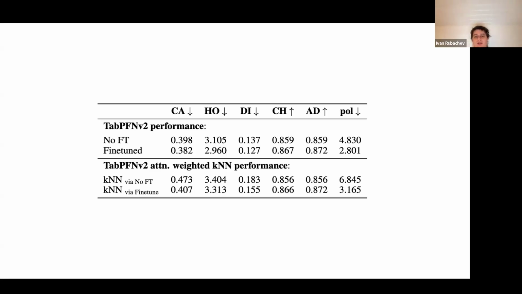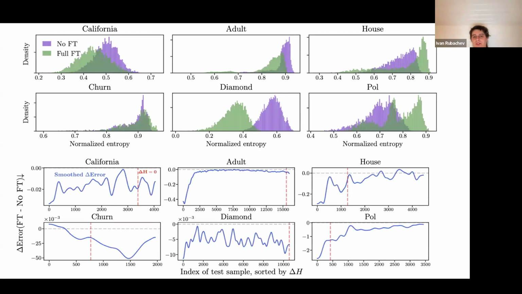Here we dive a bit deeper into this, and we look at how the distribution of the attention scores changes from the in-context model to the fully fine-tuned model. And on many datasets like California, Diamond or Adult, we can see that the normalized entropy of the attention actually decreases for most examples.